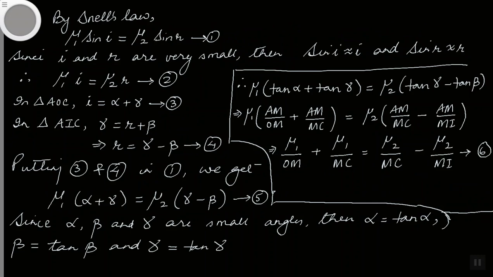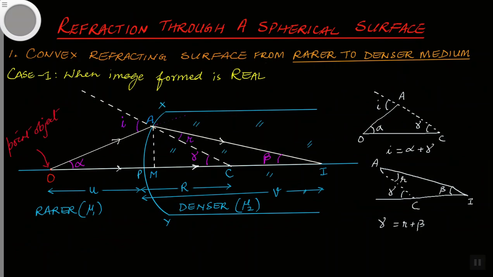If you look at this diagram, OM is very approximately equal to OP, right? But what is the value of OP? OP is U, and it is plus or minus U, that will be minus U. Why minus U? Because it is on the left hand side.